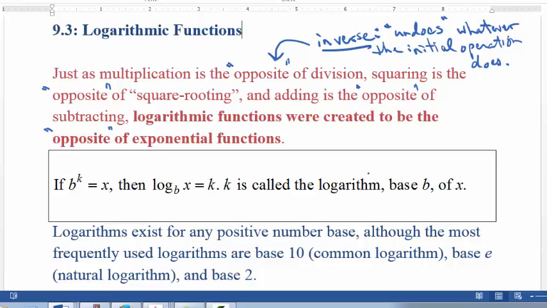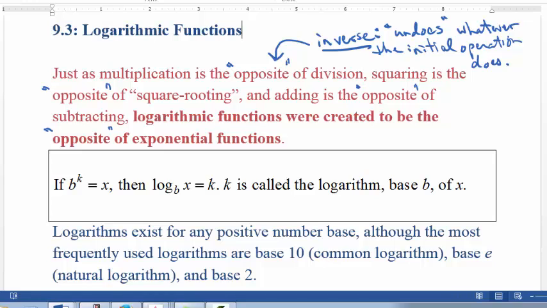So if I multiply by 3, I would undo it by dividing by 3. If I was squaring, I would undo it by taking the square root. If I was adding 5, I would undo it by subtracting 5.